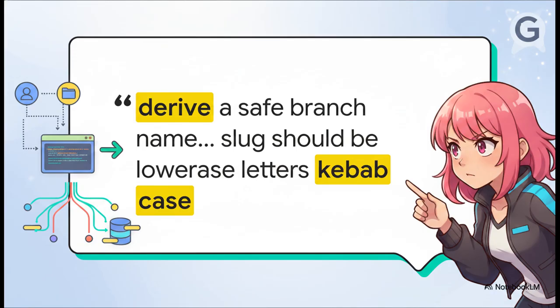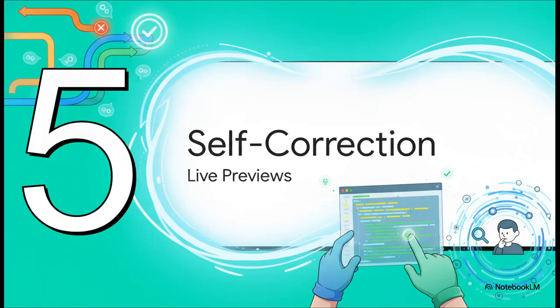Now, assuming your working directory is clean, the prompt moves to contextual branching. It takes that args description you typed in, like that circular avatar, and uses it to derive a safe branch name. It enforces a strict naming convention, specifically component/slug, in lowercase kebab case. Then it just automatically runs the git command to create and switch to that new branch for you. No manual typing required.